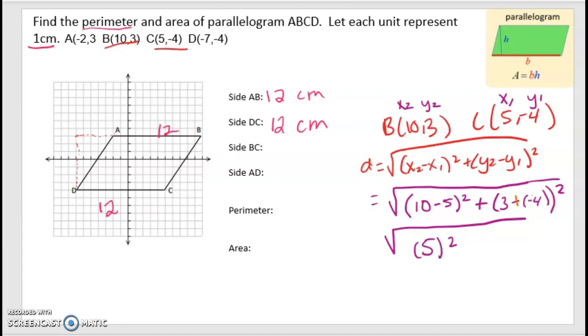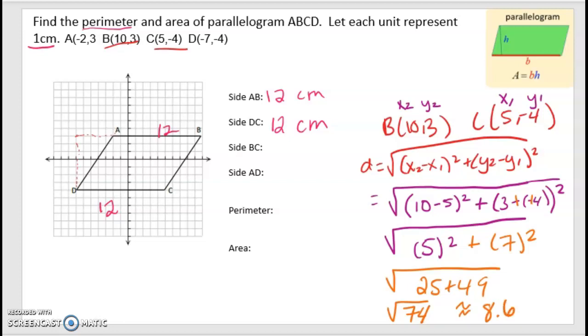So the minus and the minus become a plus. So I'll have plus 7 squared, and that's going to give me 25 plus 49, which is equal to the square root of 74. And I know that's not a perfect square, so I'm going to approximate that answer to be 8.6.